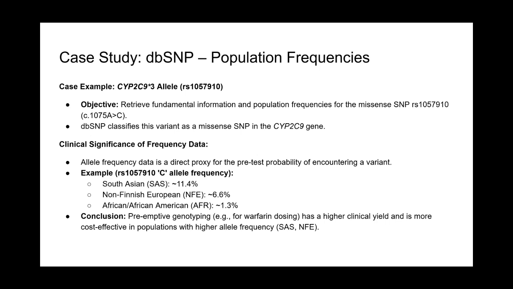It serves as a direct proxy for the pretest probability of encountering a specific variant in a patient of a given ancestry. This information has profound implications for the design and implementation of pharmacogenomic screening programs.